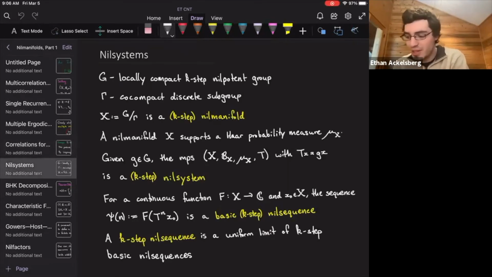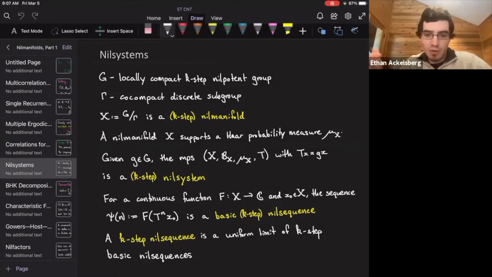So now it's going to be some abstraction. You should really just think in your head, G is like upper triangular real matrices, and gamma is like upper triangular integer matrices. That should give you a good picture of what to think about. But in general, we can take some k-step nilpotent group, and then we mod out by a co-compact discrete subgroup.